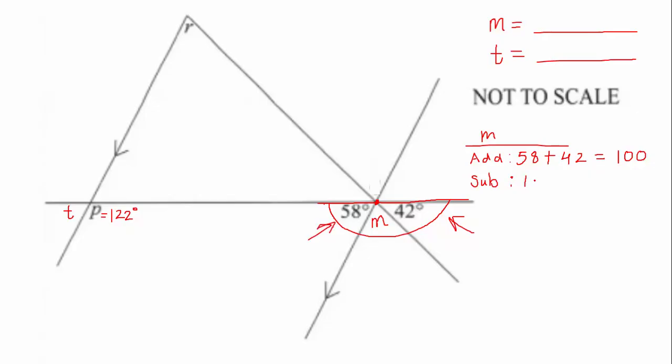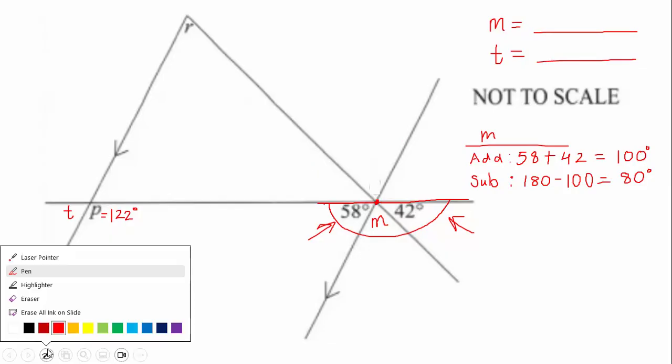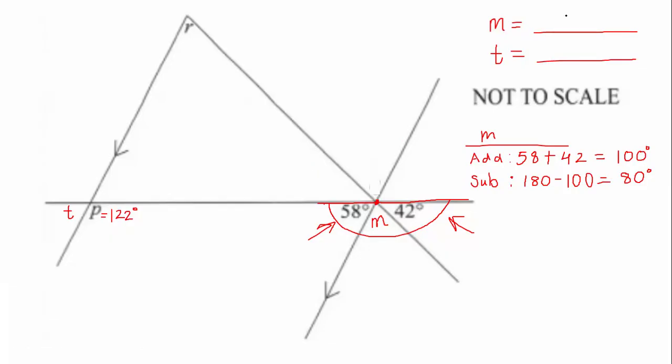I must say 180 degrees minus 100. What do we get when we subtract these two? We get 80 degrees. And so M is equal to 80 degrees.